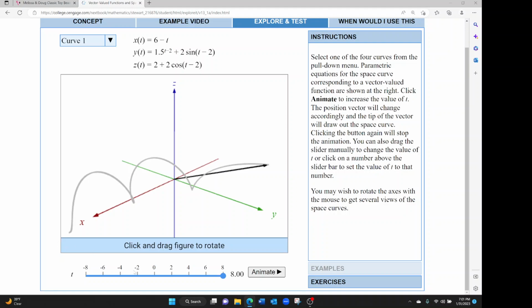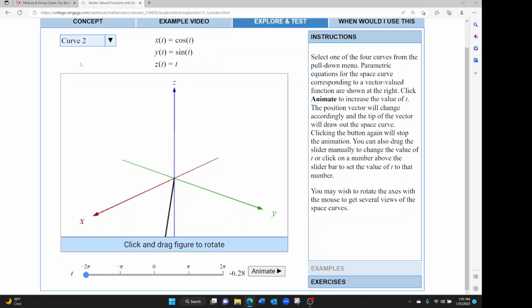We're just looking at the points on our curve, which are just the head of the vector. I didn't notice it had more than one curve, so that's curve 1. So here's curve 2. And I guess I can drag the figure to rotate it a little bit. Well, maybe I'll just animate it and see what it looks like.